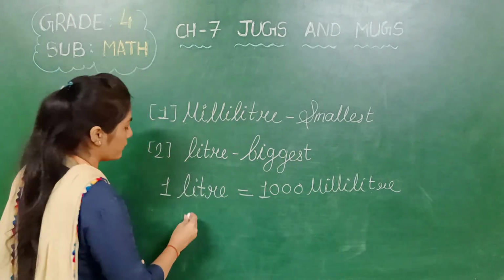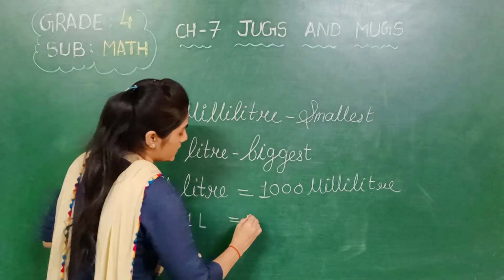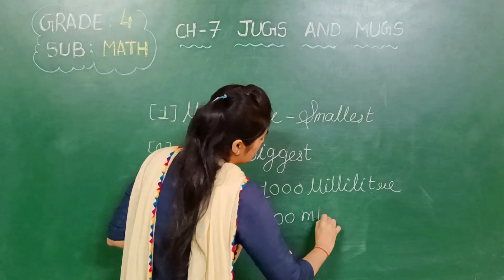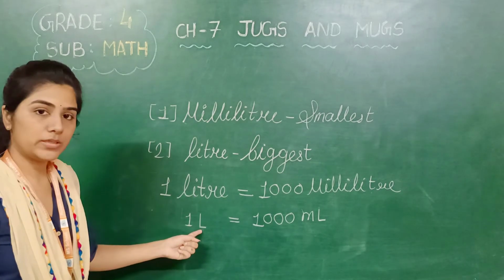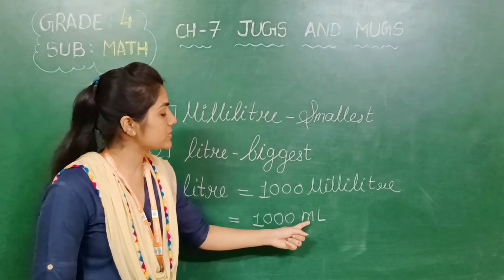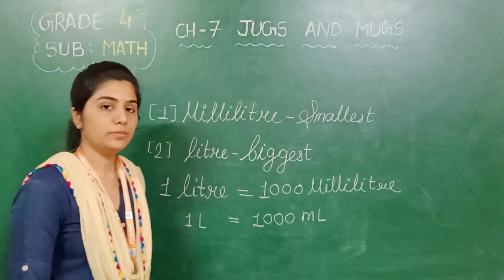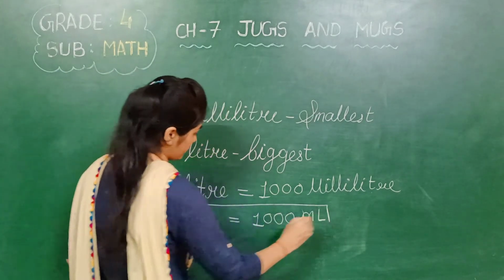In short form, we can write that 1 liter is equal to 1000 milliliter. Liter we indicate as capital letter L, and milliliter we indicate as a small m and capital L. So 1 liter is equal to 1000 mL. This formula you have to remember.